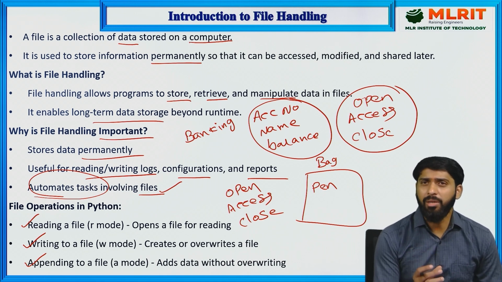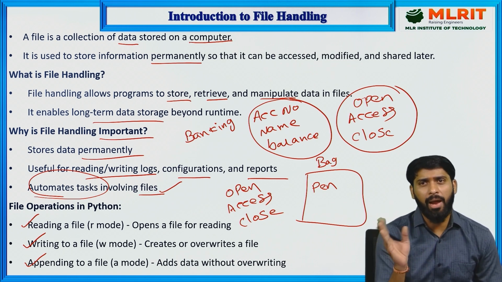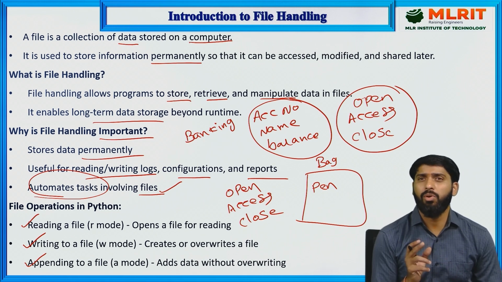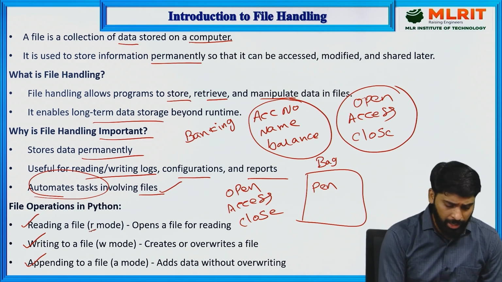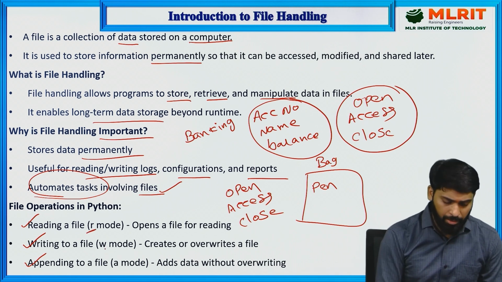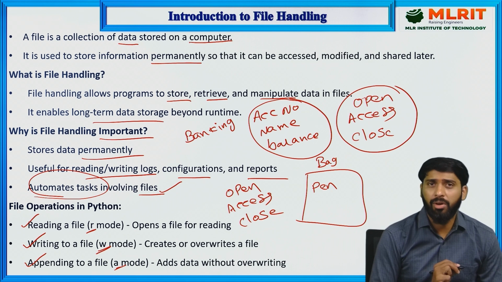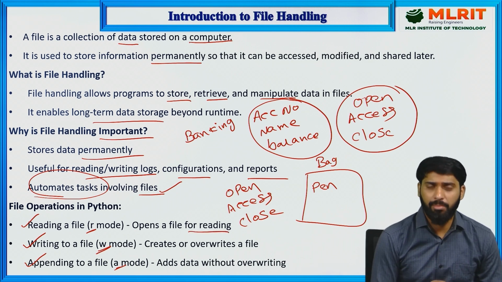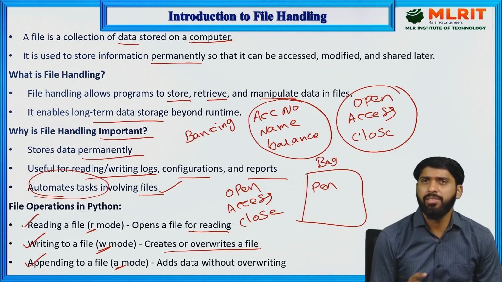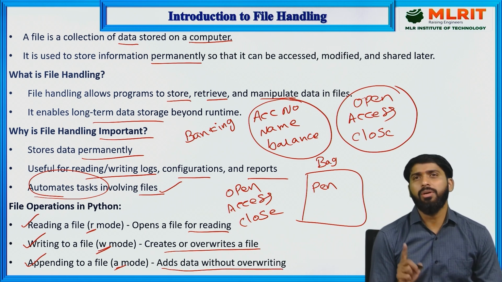Appending means the content is already available in the file, and you add new data, that we call append. Reading we specify with R, writing means W, append means A. Reading means open the file for reading, writing means creates or overwrites a file, and appending means adds data without overwriting.